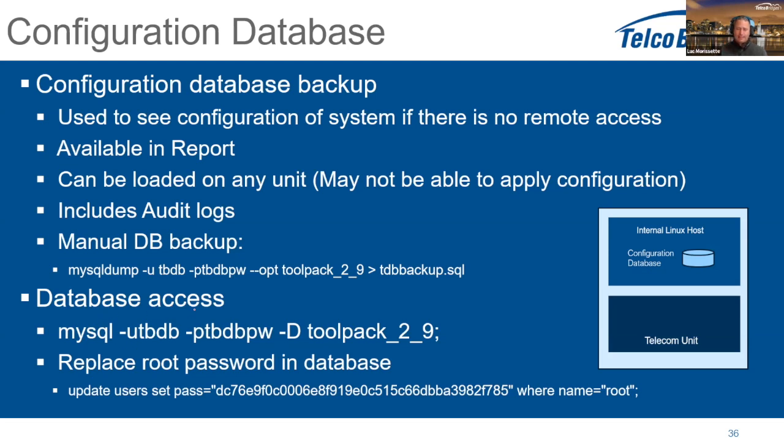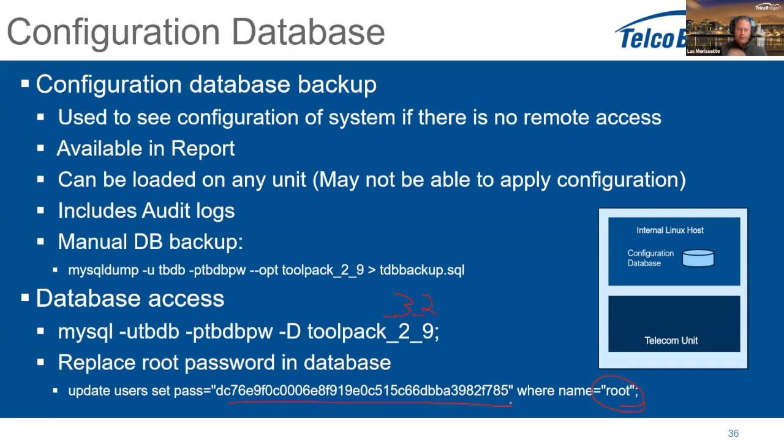If you want to access this database, it's possible. You run mysql and this command here, and again it's 3.2, _2, to access the current database. Normally we don't need to go into the database, but what we sometimes do is, when we get a database from a customer and the customer has changed the root password, we can replace the root password with a known one so we can access the database.